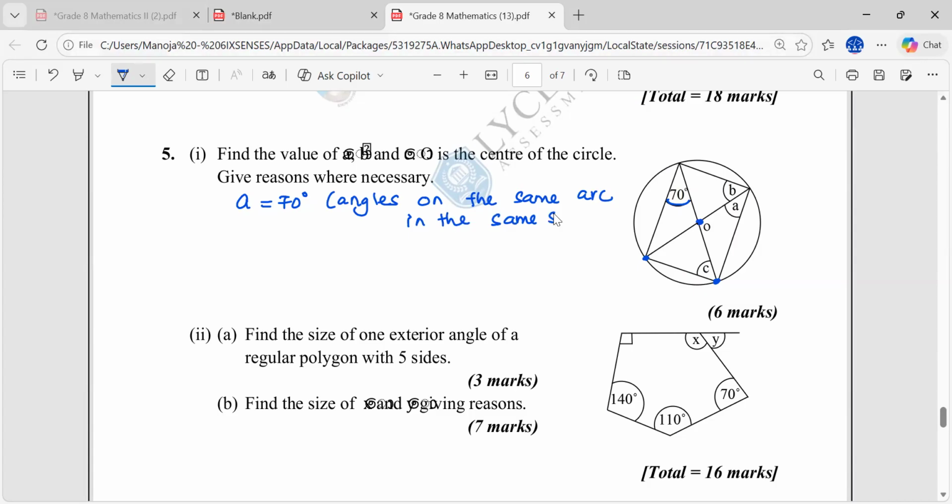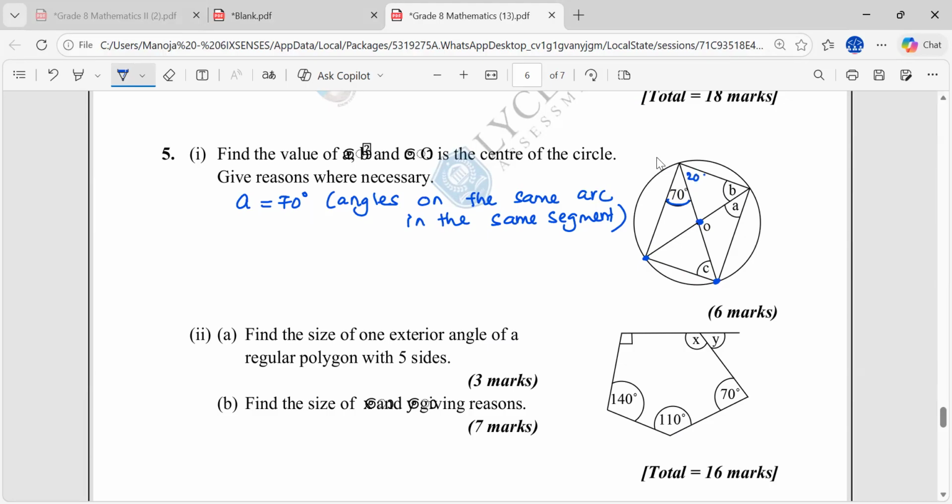Same segment, right? So then we can find the value, and one thing we can find, this should be 20.